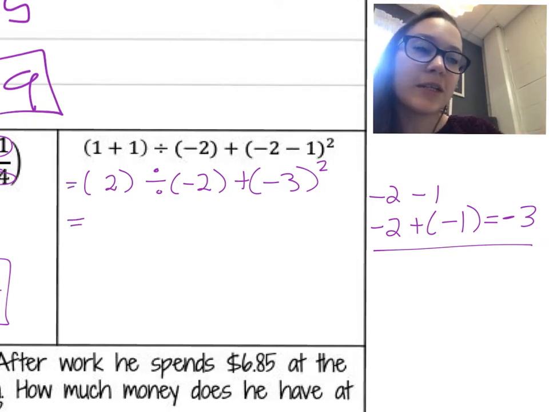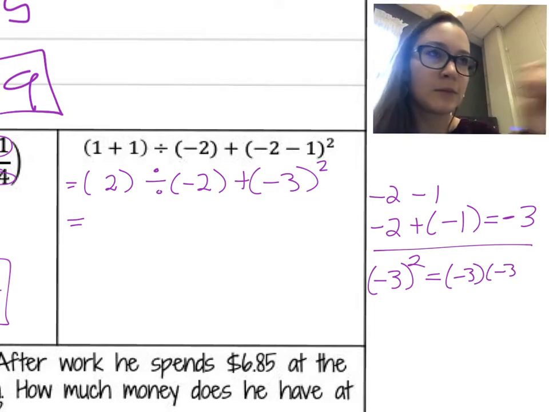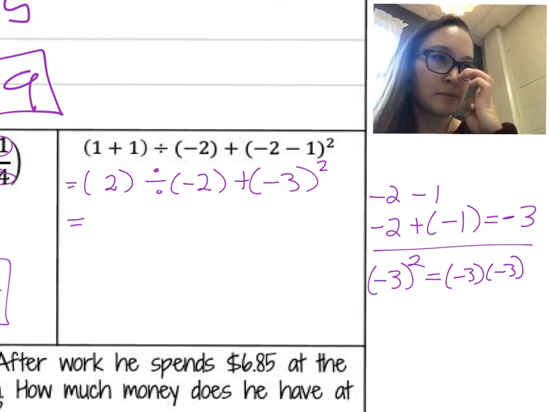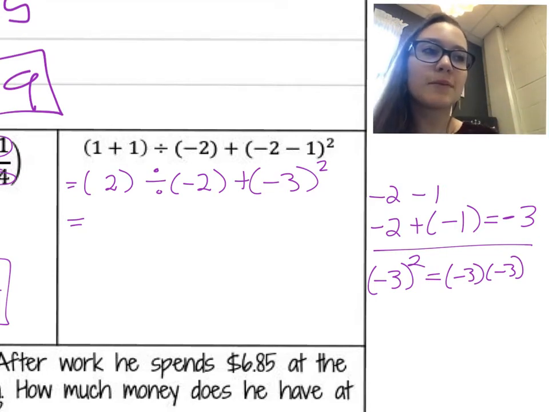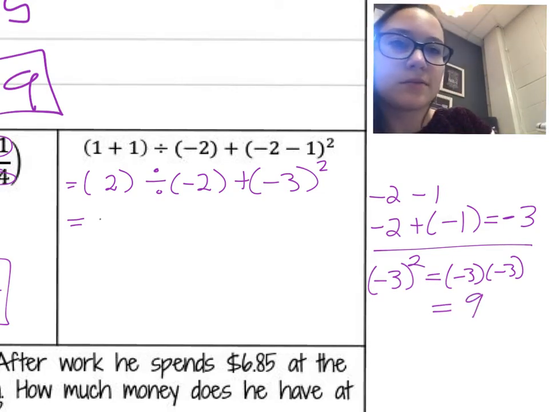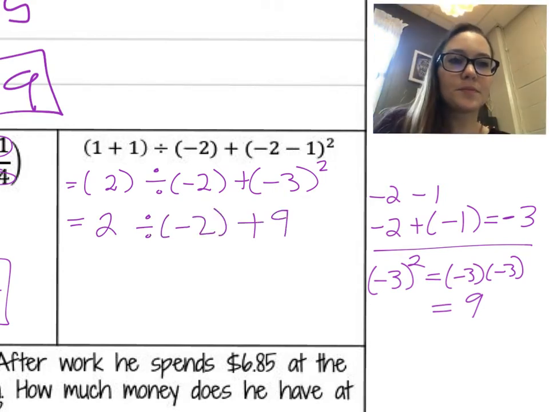Now my exponents. I have negative 3 squared, which means negative 3 times negative 3. Because the 2 tells you to multiply by itself 2 times. So negative 3 times negative 3 is a positive because they're the same sign. So it's going to be positive 9. Okay?